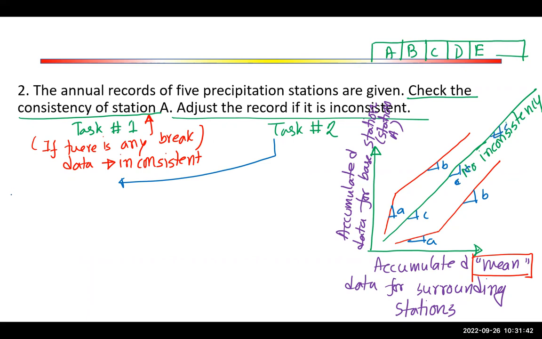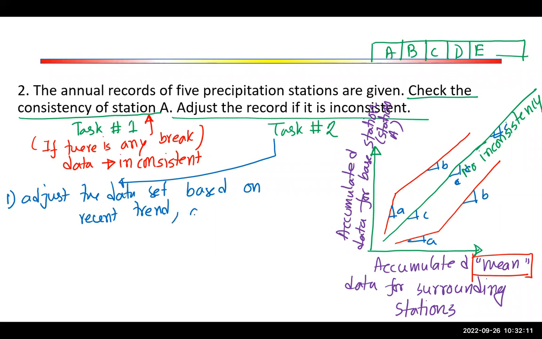Okay, now one way: adjust the data set based on the recent trend. That means you want to reflect the change of the recent trend to the older set of data.